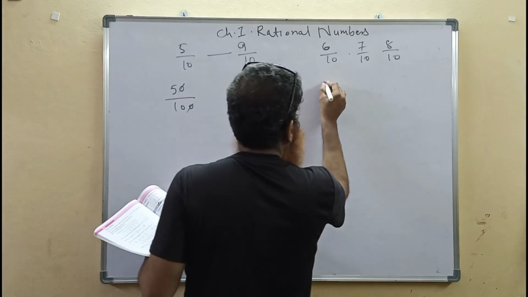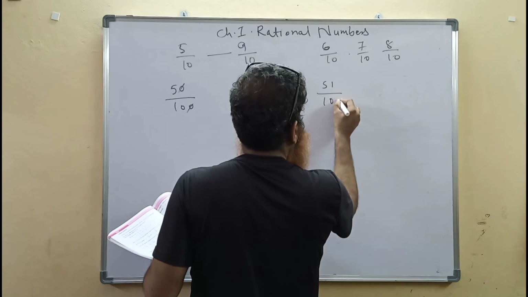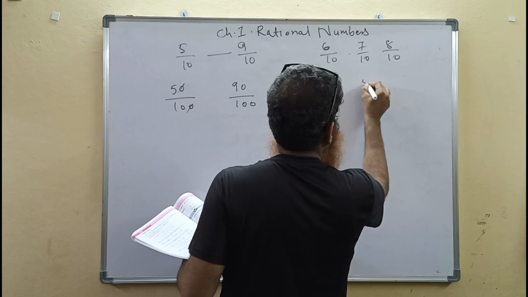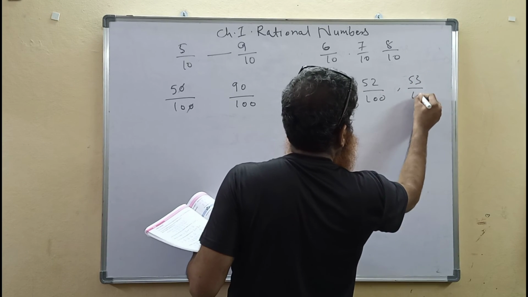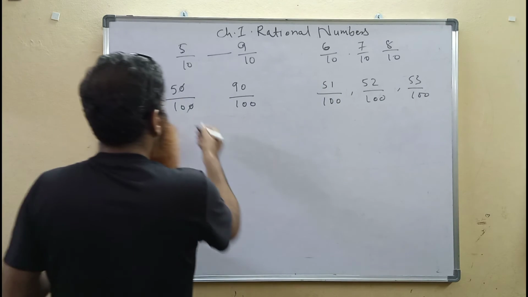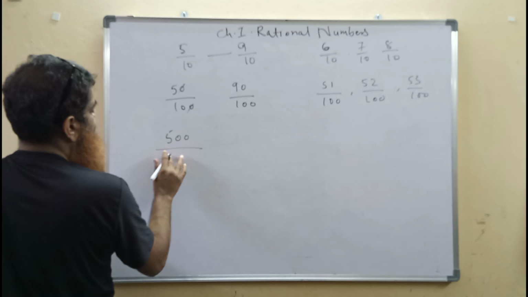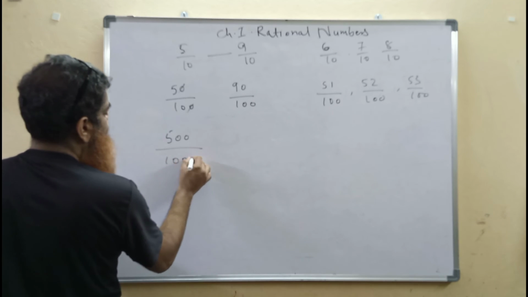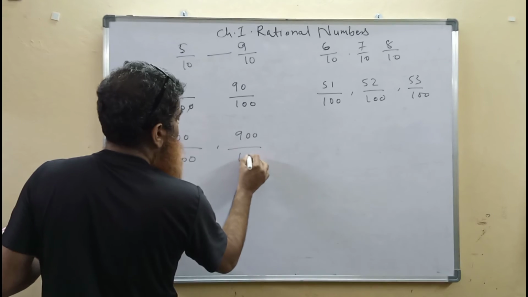So we can find more numbers between 50 by 100 and 90 by 100, like 53 by 100 and so on. This we can also make as 500 by 1000, and this as 900 by 1000.